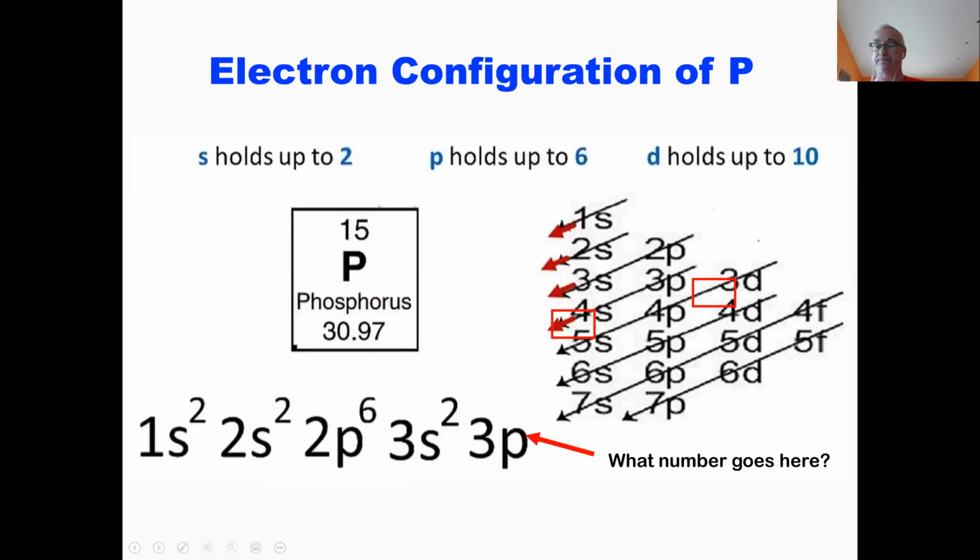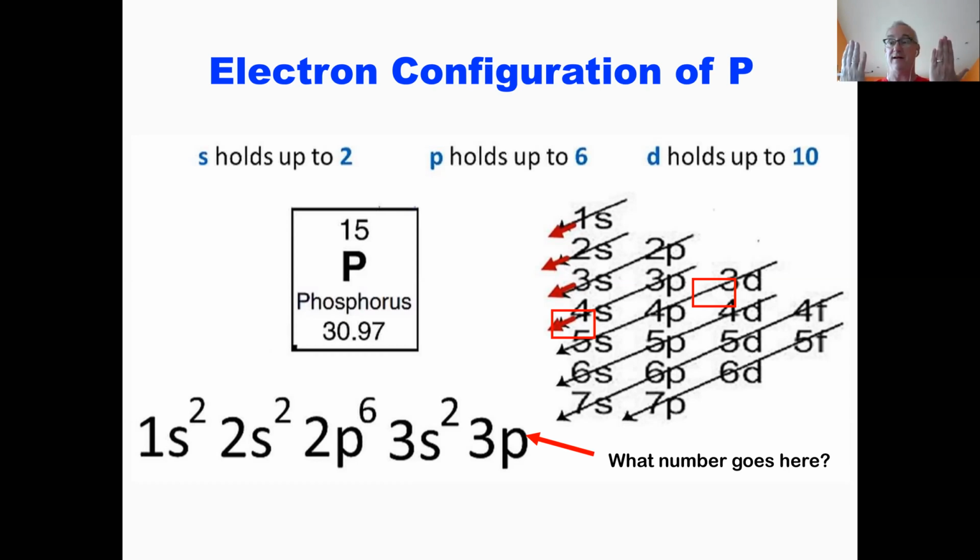Here's phosphorus. We look up phosphorus in our periodic table. What's the atomic number of phosphorus? 15. So a neutral atom will have 15 protons and the same number of electrons.